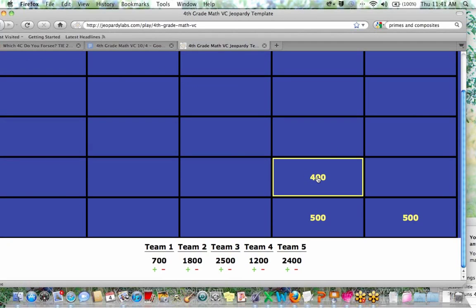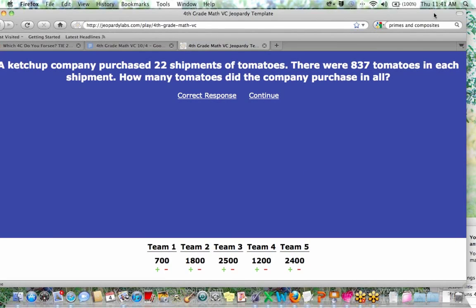Okay, multiplication word problems. So these will take you a little bit longer. A ketchup company purchased 22 shipments of tomatoes. There were 837 tomatoes in each shipment. How many tomatoes did the company purchase in all? Okay, go for it. Woo! You're fast, Will.